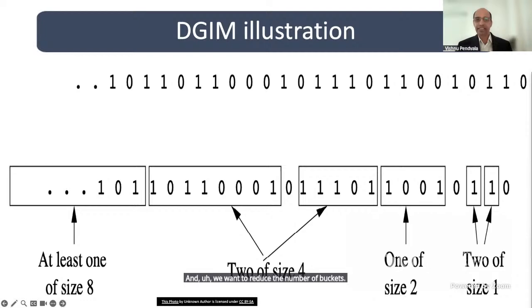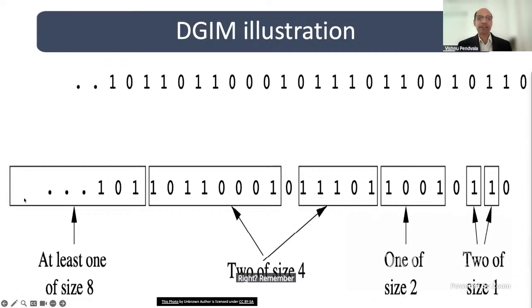So that's the other thing, because more number of buckets means more memory. And the other thing to note is that we don't allow more than two buckets, right, of the same size, because allowing a tiny overlap reduces storage while keeping the estimation error small, right?